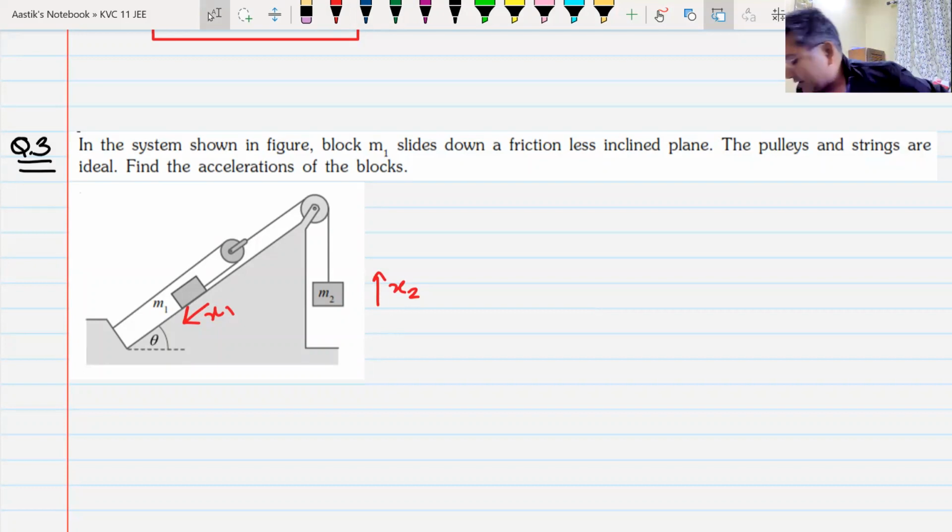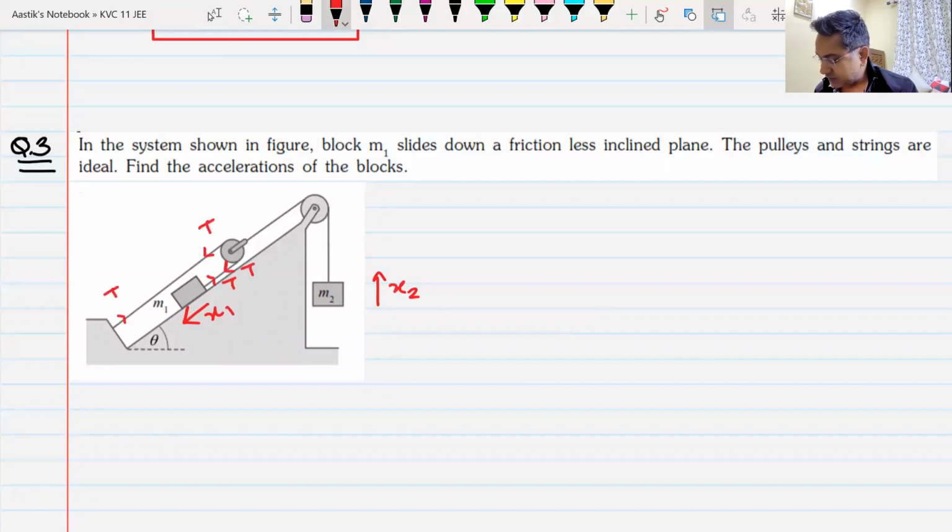The first thing is to get the constraint relation. Let me go about it. Let me call this T. So this is T, this is T, and this is T. T plus T becomes 2T. This becomes 2T.